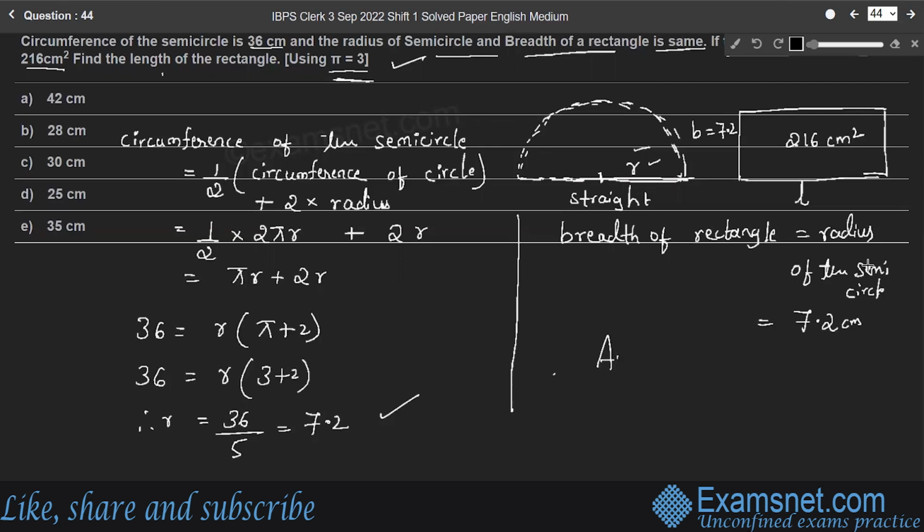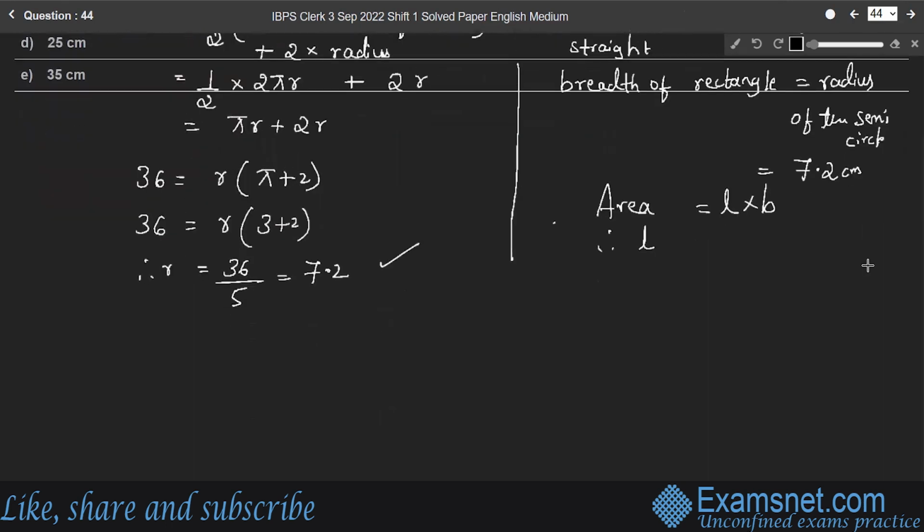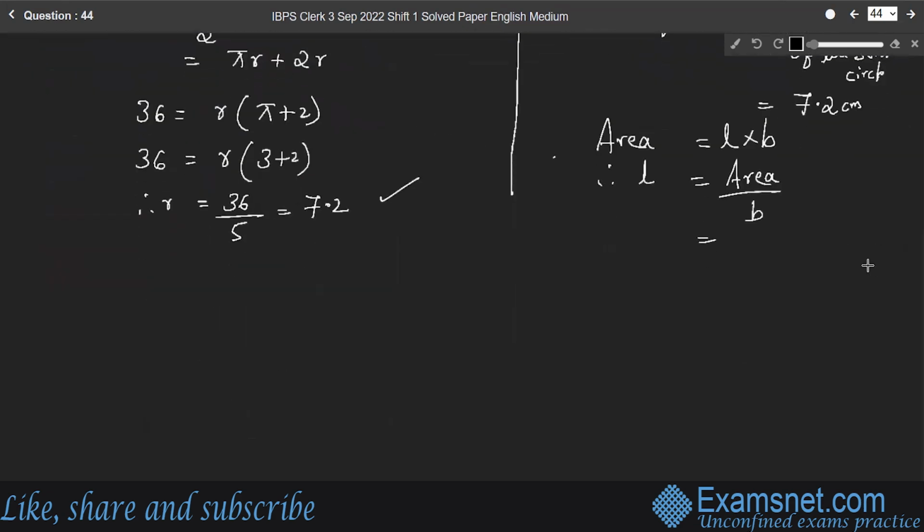Therefore, area of rectangle is equal to length into breadth by formula. Therefore, length is equal to area by breadth. What is area given here? 216 by 7.2. Therefore, length of the rectangle is 216 by 7.2 or 2160 by 72.